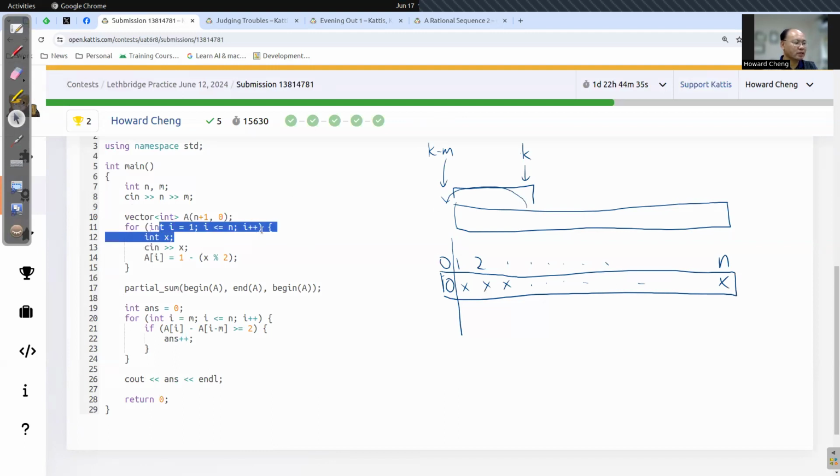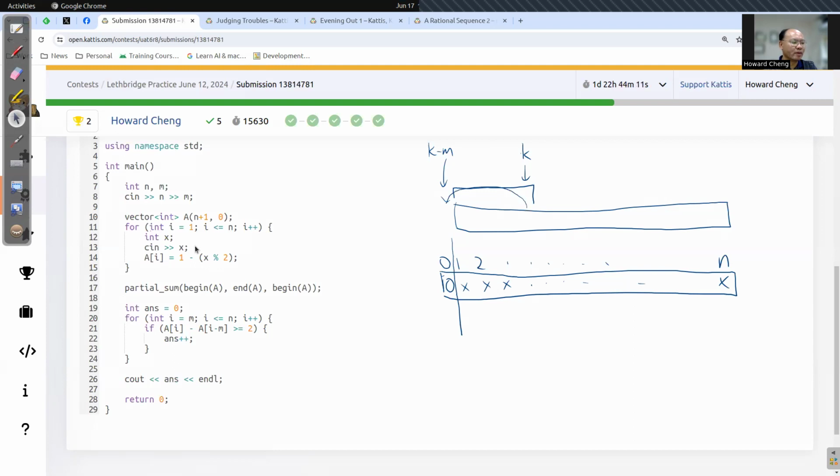1 to n. This for loop is a little bit different because I'm going from 1 to n instead of 0 to n minus 1. I read it in, and this converts it. So what does it do? If x is even, x percent 2 is going to be 0, and 1 minus 0 is going to be 1. So even becomes 1.